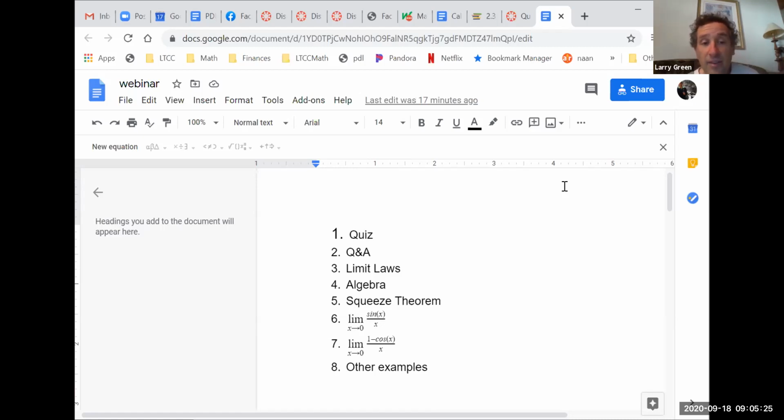That's nice if there's an easy graph, but it's kind of guesswork because visually it's hard to tell. Sometimes it's easy, sometimes it's not. We want to do things not just visually, but systematically with algebra. And that's the plan of the day.